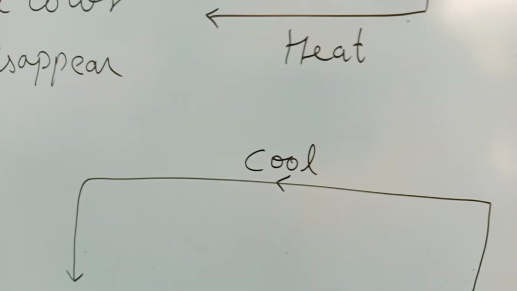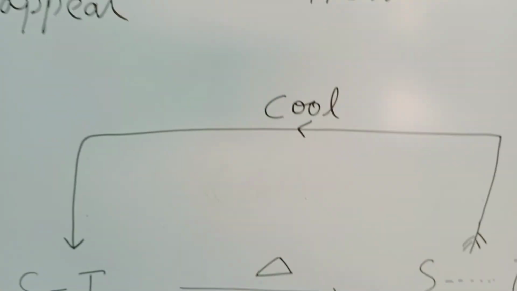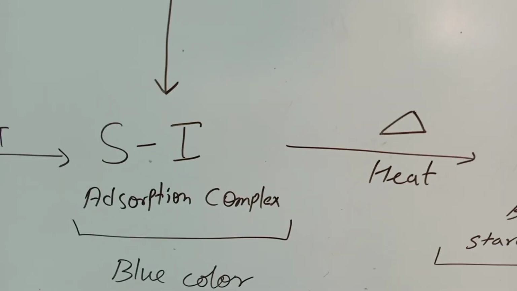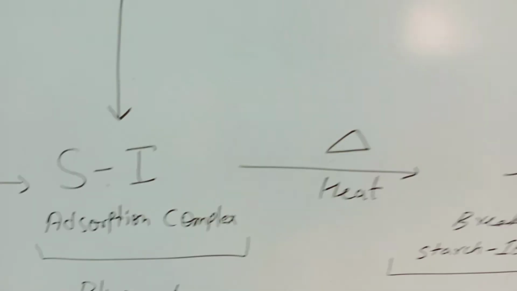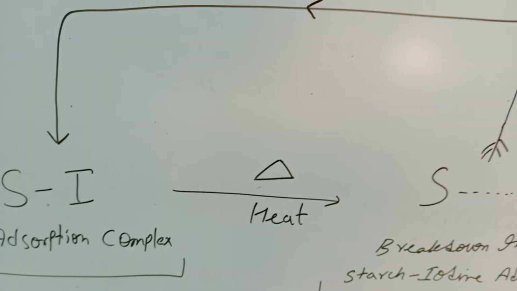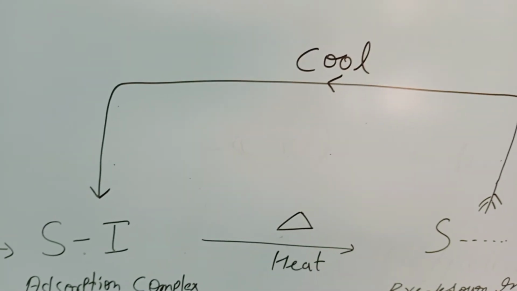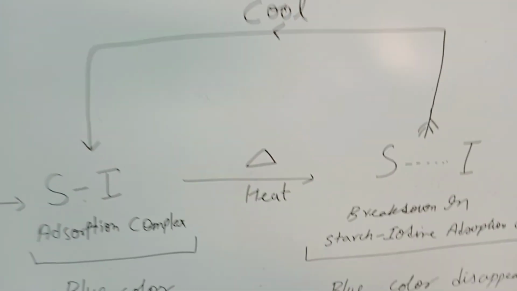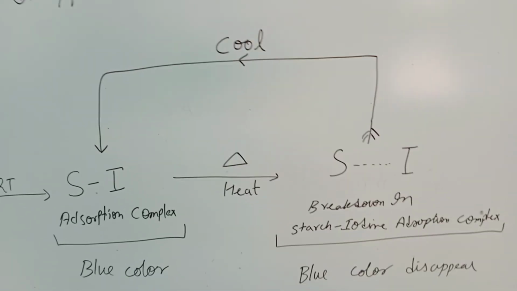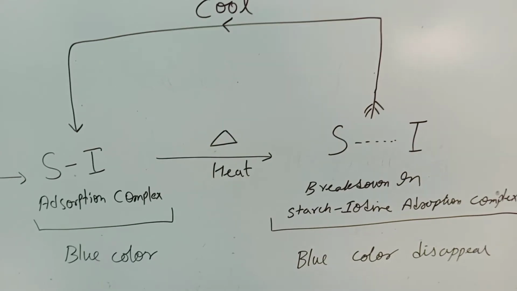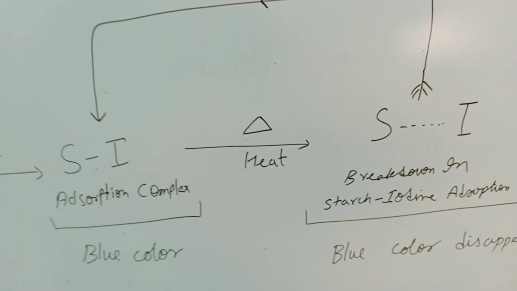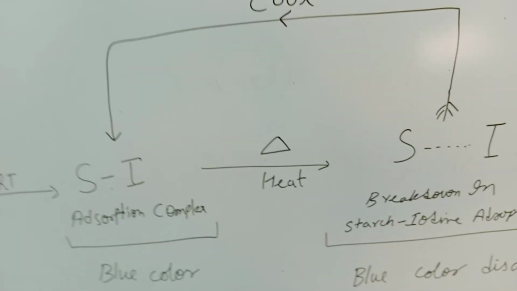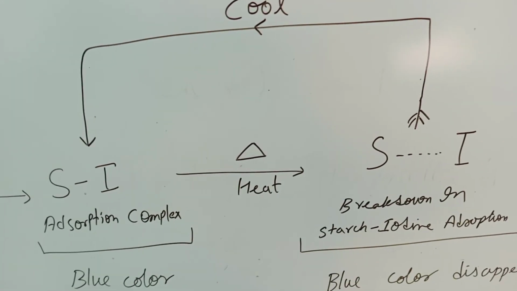And once the content is cooled down to room temperature, there is again formation of the adsorption complex and hence appearance of blue color, and this process continues. The appearance and disappearance of blue color will be continuous as long as the adsorption complex gets formed on cooling and gets broken down on heating.